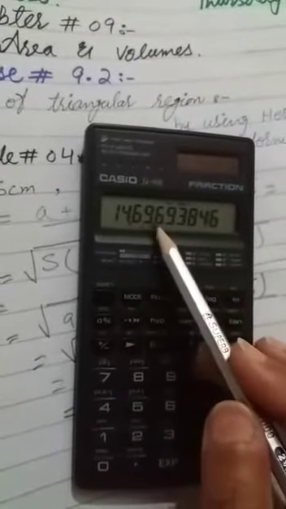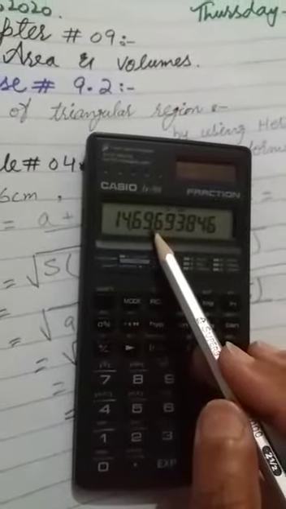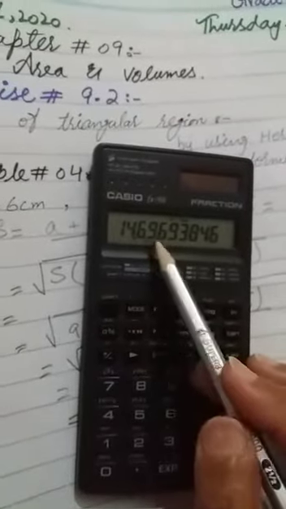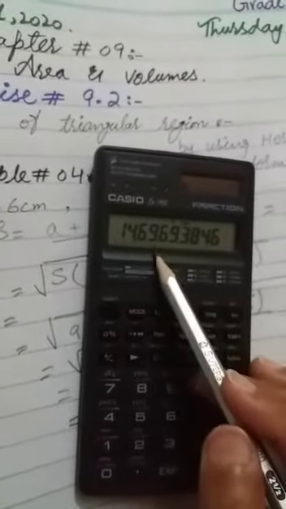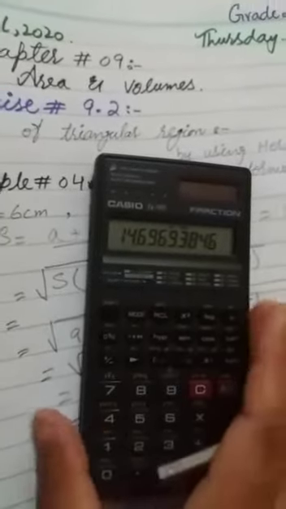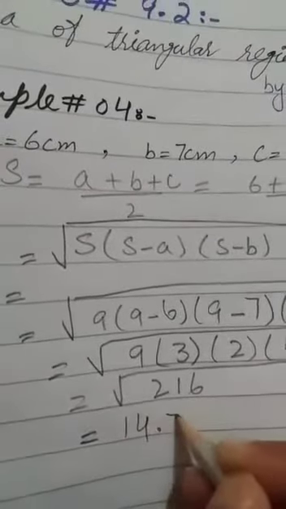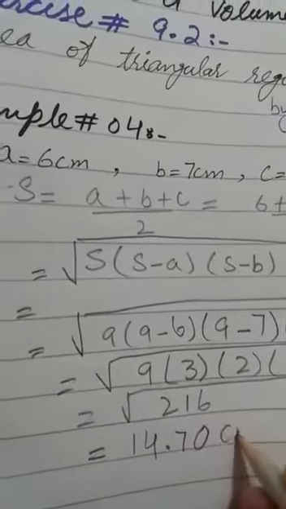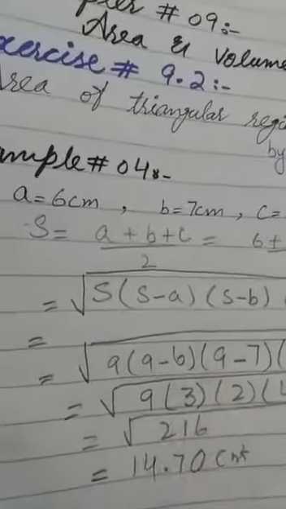When the second digit is greater than 4, we will round off. When we add 1 to this, here will come 14.70. Understand? 14.70 centimeter square is the answer.